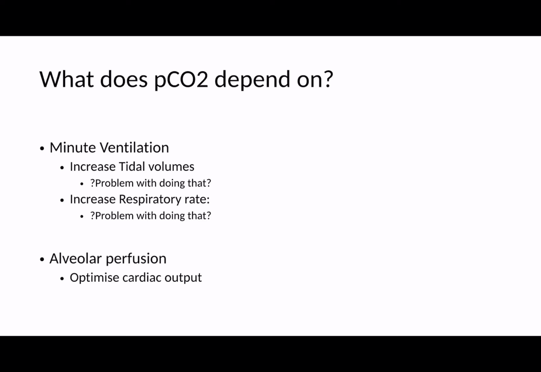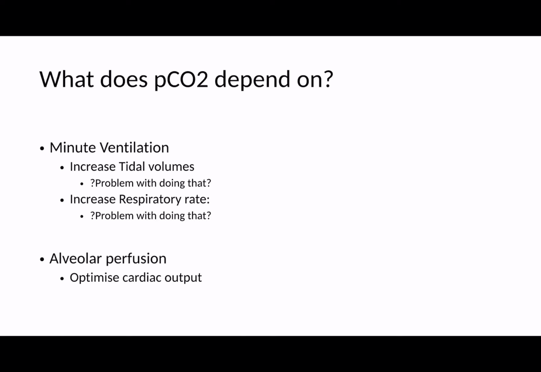And then the second thing that everyone always forgets is optimizing cardiac output. You must make sure that even if you've got the greatest ventilation strategy on earth, if you don't have enough blood perfusing the lungs, all of that blood is just shunting straight back into the left side of the heart and not allowing carbon dioxide removal.